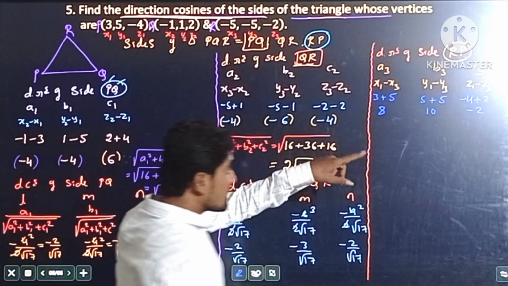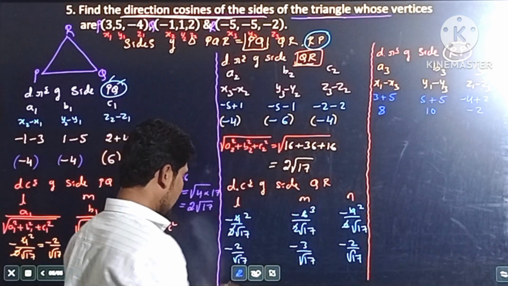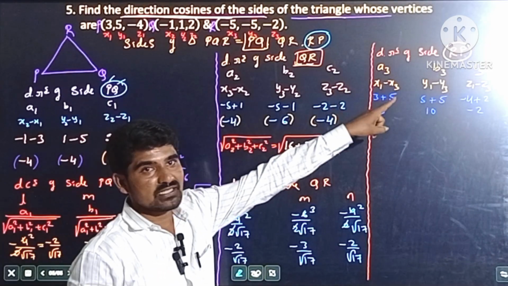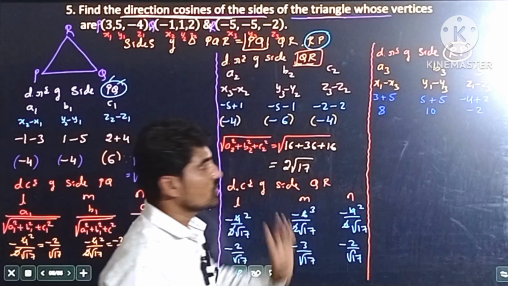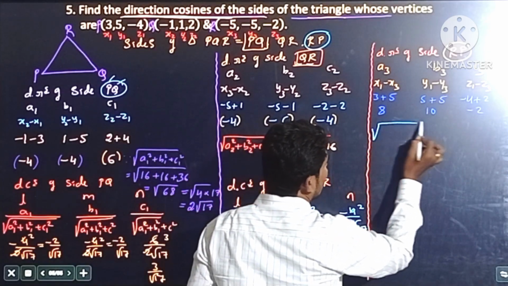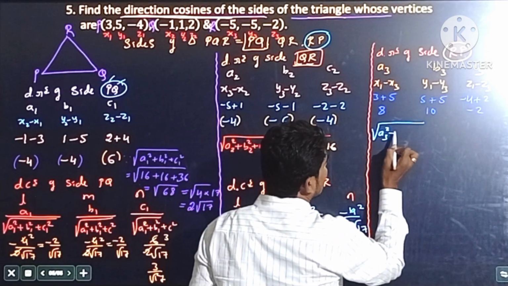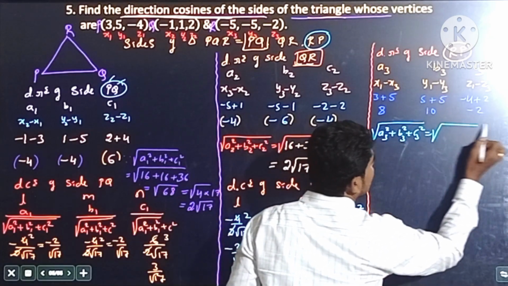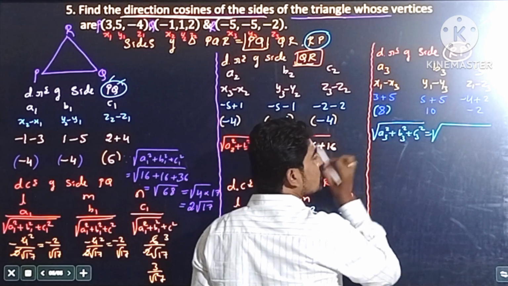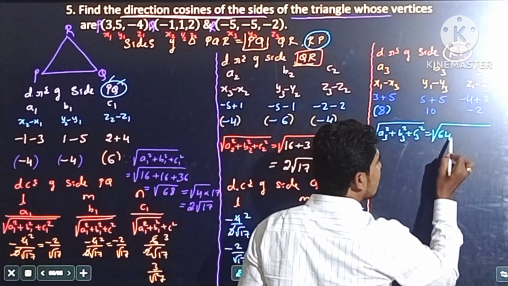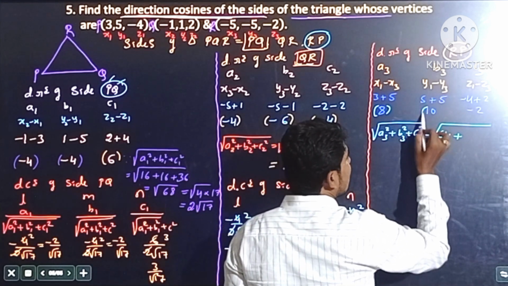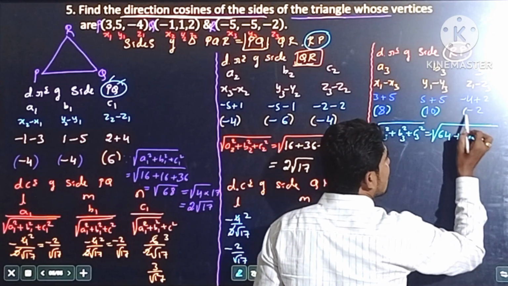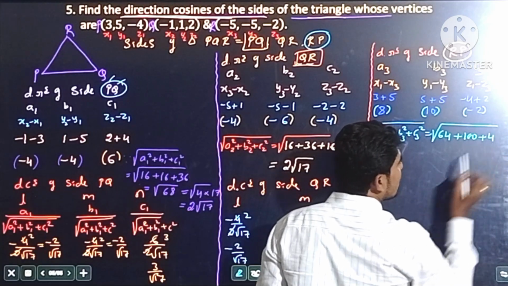Now to find its direction cosines, first we need the value of square root of a3 square plus b3 square plus c3 square. So the next step: square root of a3 square plus b3 square plus c3 square, which is equal to square root of a3 square means 8 square, which is 64, plus b3 square means 10 square, which is 100, plus c3 square means minus 2 square, which is 4.